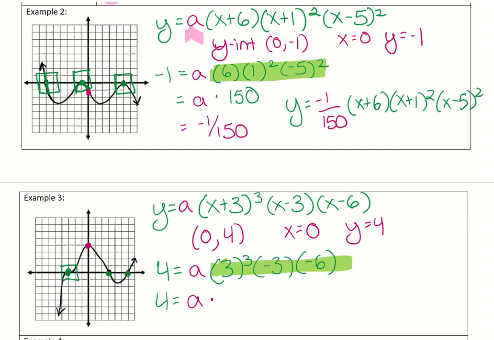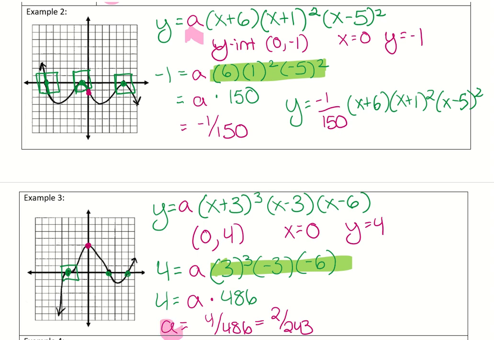And when we put that in our calculator, we get 486. So divide both sides by 486, and a equals 4 over 486, which reduces to 2 over 243. So now you can write your entire equation.